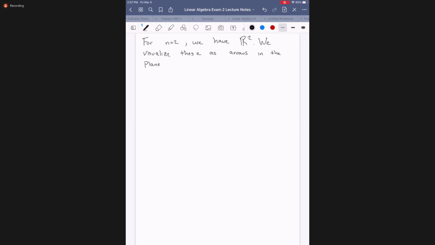So you have your y and x axes, and if you have a vector in R2, it's usually drawn like this. Let's say this one equals 1, 1. That just means this component right here is 1, and this component right here is 1.